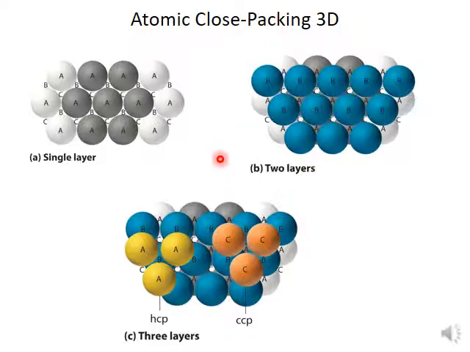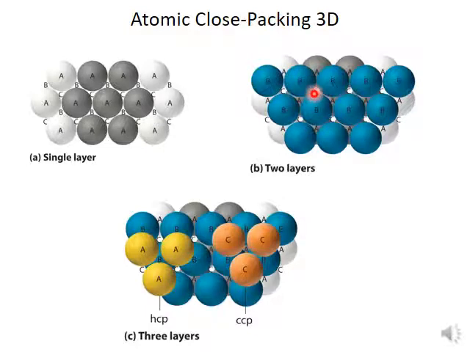If the third layer atoms are on the A gap, they would be exactly on top of the A layer atoms, and if they are put in the C gaps, then they would not be on top of the A but rather between B and A atoms, that is the C gap.